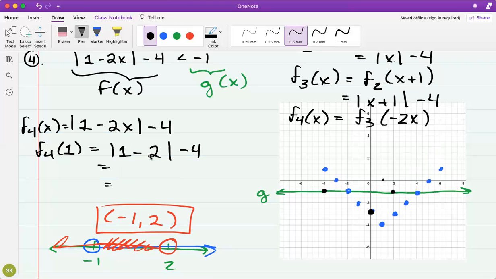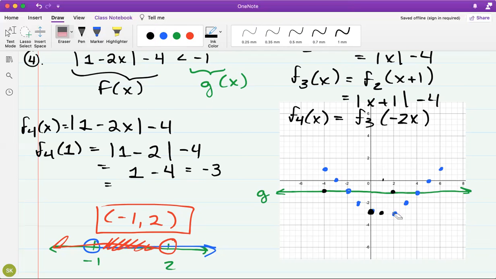So we plugged in a 1. This is negative 1, but it becomes 1 minus 4, which is negative 3. Let's just keep going.